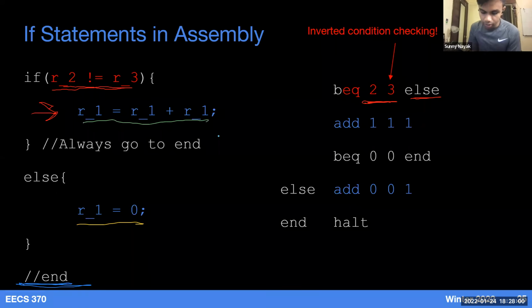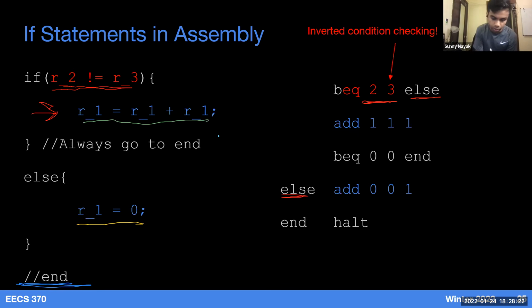Well, currently the way we have our code structured, we are going to jump to this else branch if this statement evaluates to true, if they're equal to each other. And so the code that we would kind of want to occur here, because we are checking for non-equality, right?